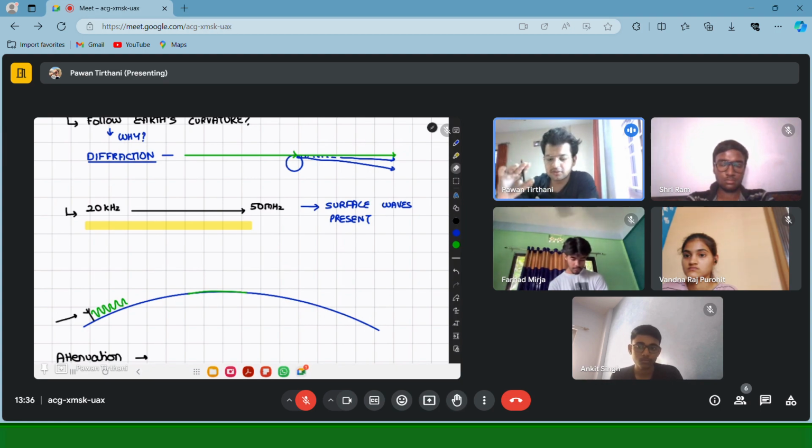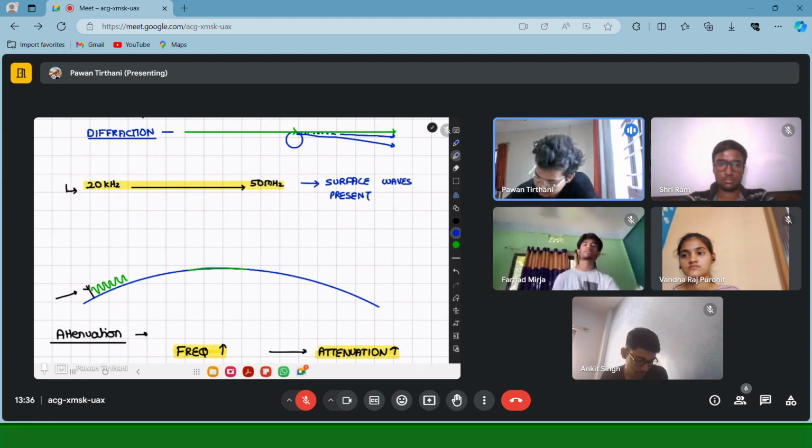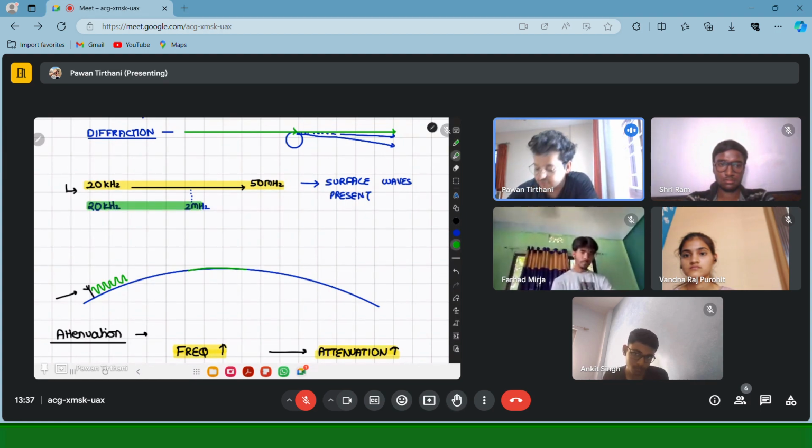So even though you have surface waves present all across this band, operationally you only use from 20 kilohertz to somewhere in between, say 2 megahertz. This is the green band. You will get good range over here.